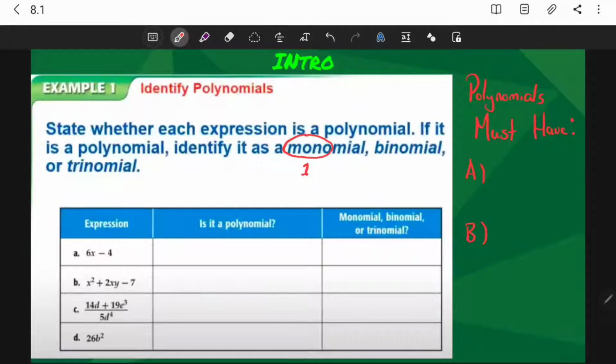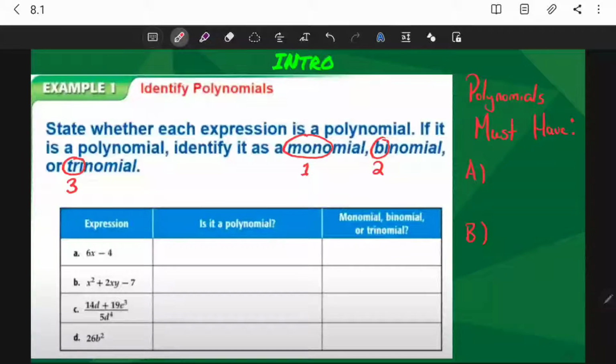That's a monocle, and the word mono means 1. In the word binomial, we have the word bi, which is equal to 2, like a bicycle. And here we have the word tri, which is always equal to 3 as a prefix, like a trilogy or a triathlon. Okay, so that can identify the different groupings.